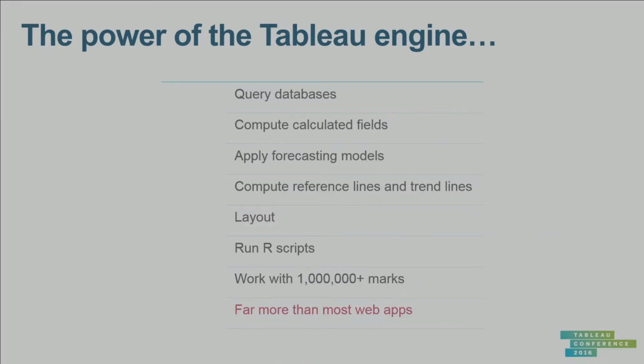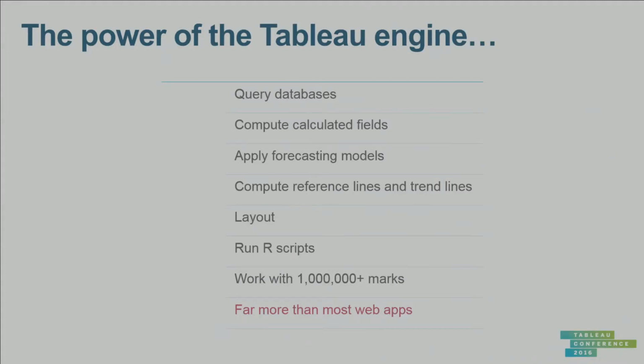We can run custom R scripts and now custom Python scripts. We can work with arbitrarily large data sets, millions of marks, and we can do all that fairly quickly. But this is a lot more than a New York Times authored viz is going to do. Once you see something in the New York Times, that's been boiled down to a much simpler model, much simpler data, and it doesn't do all this complexity.